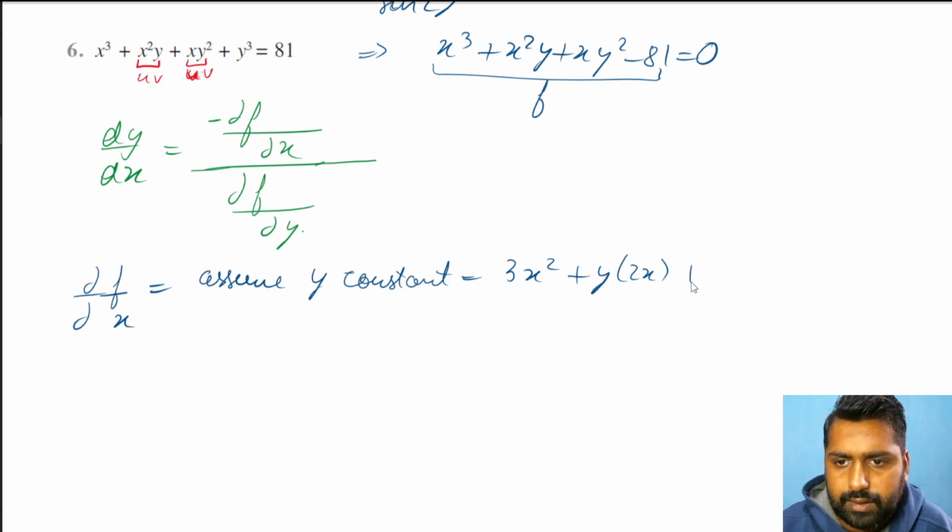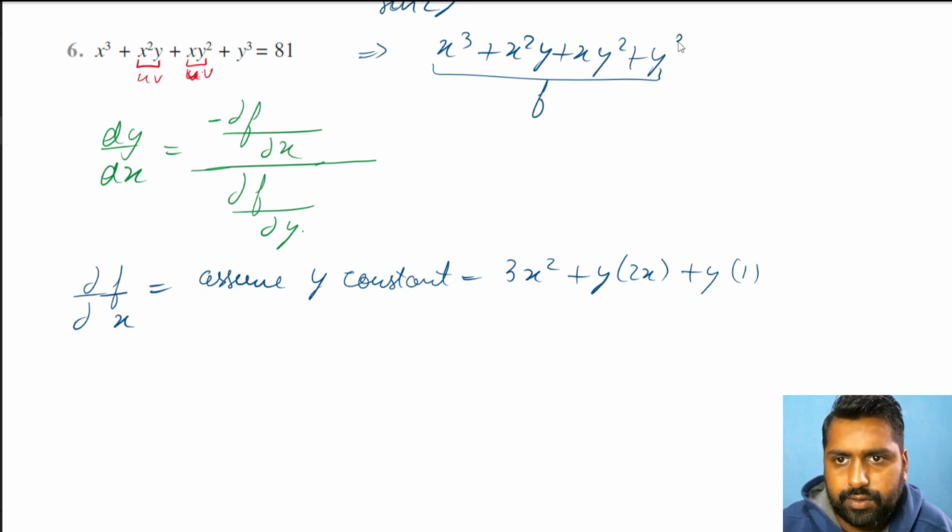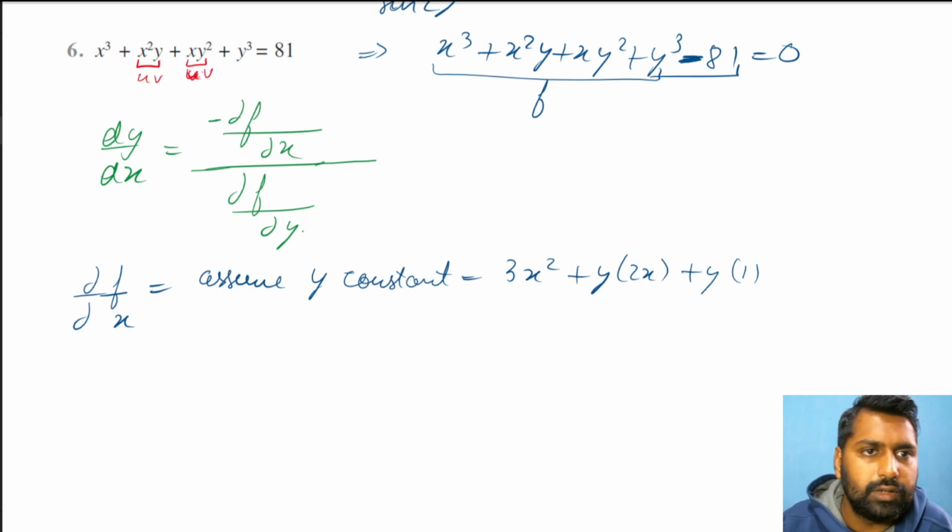Again, y square is constant, so leave it, because in multiplication with x, differentiation of x is 1. And y cube was also there, plus y cube is equal to 81, sorry, minus 81 equals to 0. This is your function now.